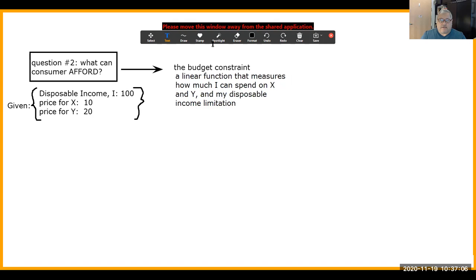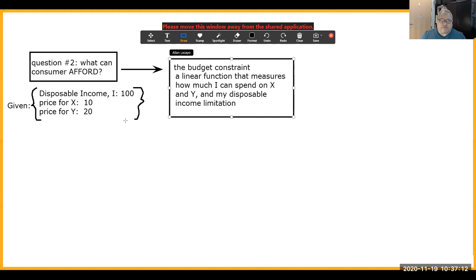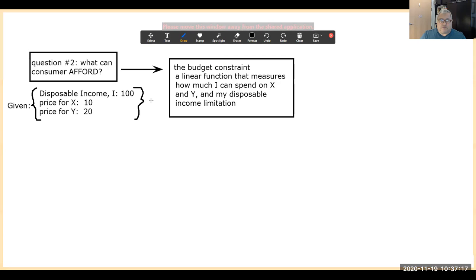That's what a budget constraint is. So in order to build this budget constraint, I need some base information on the context in which this consumer is operating.